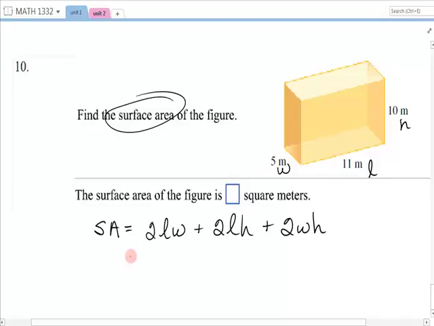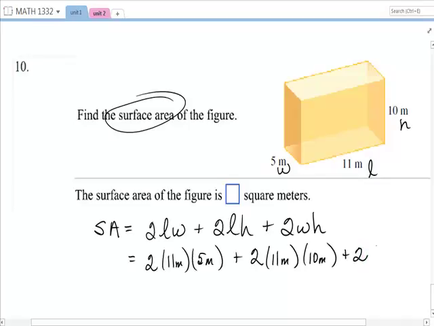All right, let's plug them in. That's 2, the length is 11 meters, the width is 5 meters, plus 2, the length is 11 meters, the height is 10 meters, plus 2, the width is 5 meters, and the height is 10 meters.